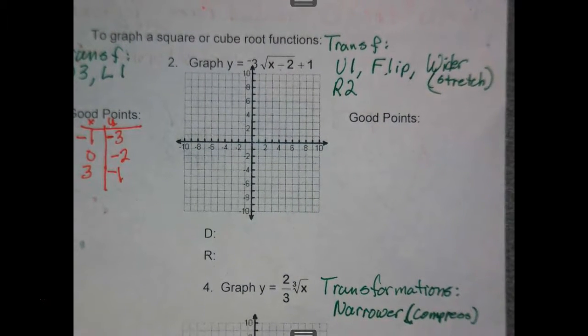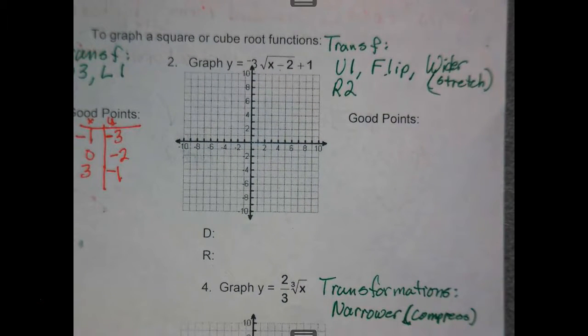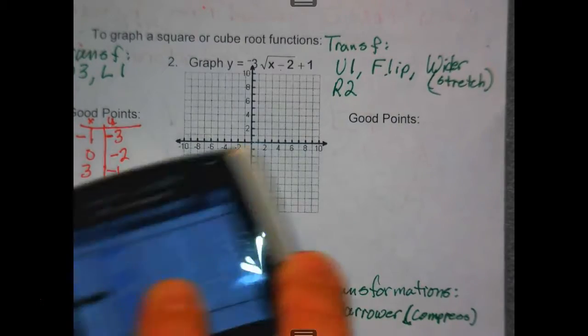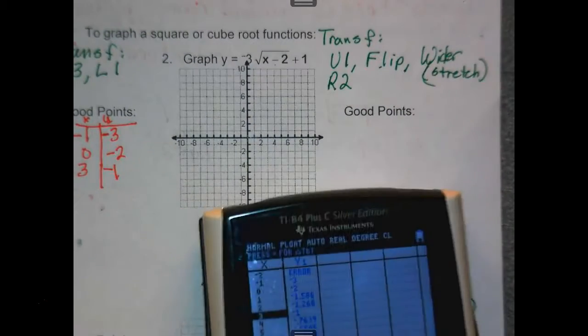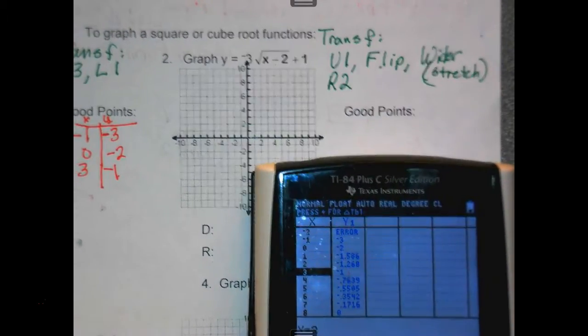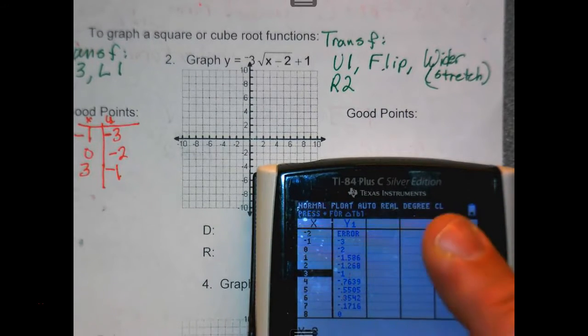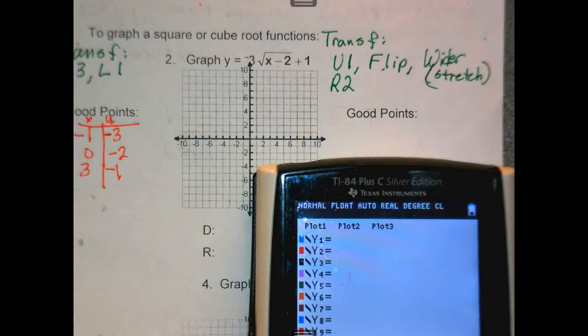Okay. Let's put this in our calculators and get some points. This is a square root, so we only need 3 points. -3 square root x minus 2. If you don't put the parenthesis in, it won't graph. Plus 1, graph.